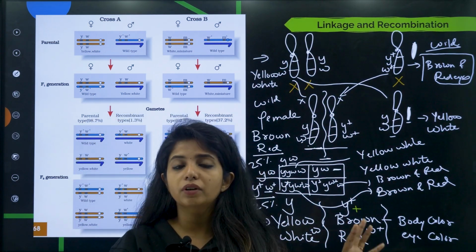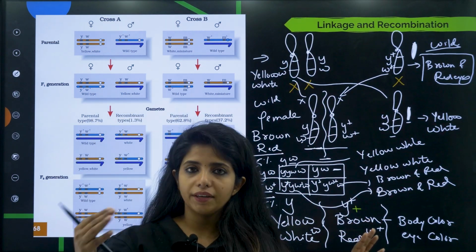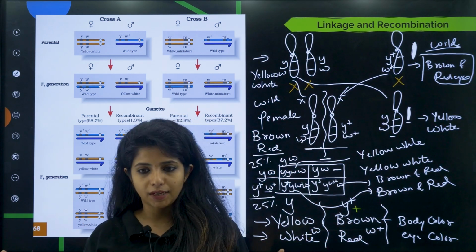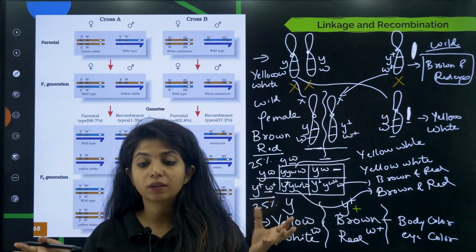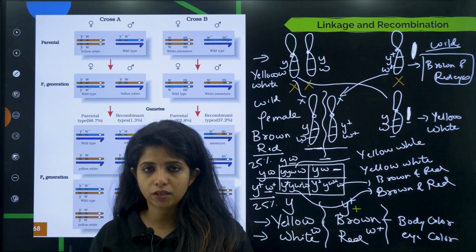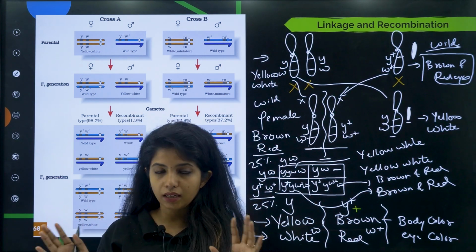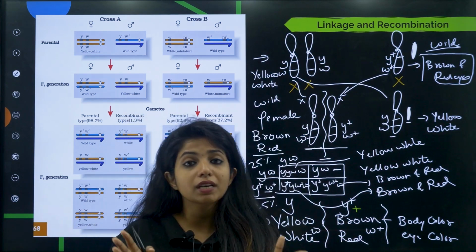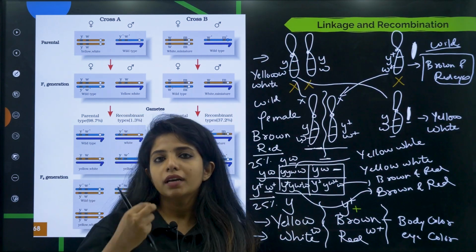Then after Sutton and Boveri, another person came in, that is Morgan, who wanted to experimentally verify these data. While he was working on Drosophila melanogaster, the fruit fly, he understood that there is something known as linkage and recombination, which is the exact exception of independent assortment.